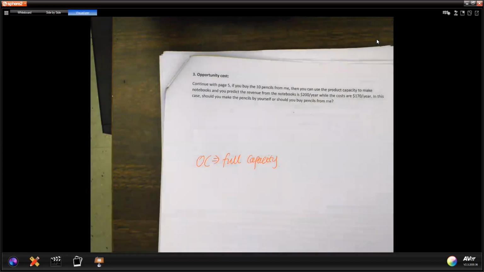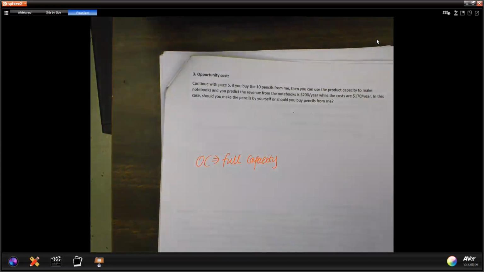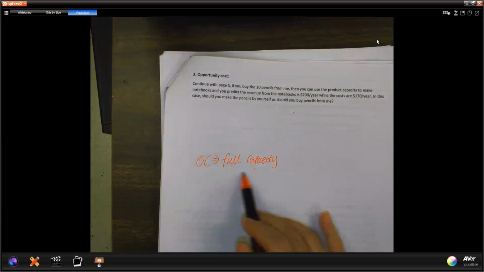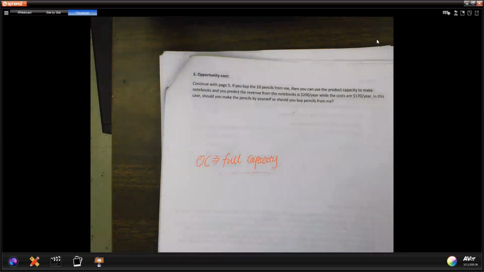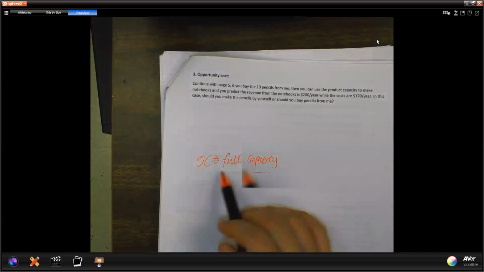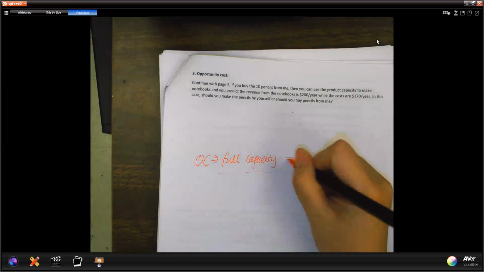We said you are already working 24 hours every day. If I say, here is an extra assignment, and you want to work on it, you have to give up financial accounting assignments or whatever. Under that situation, you have opportunity cost because you are at full capacity and don't have any idle time.